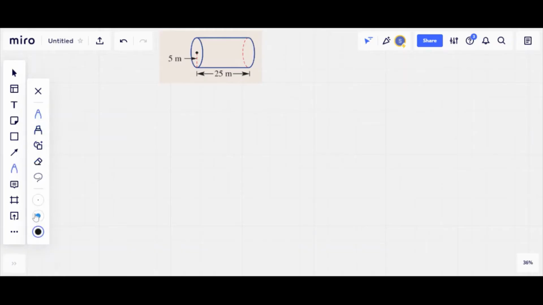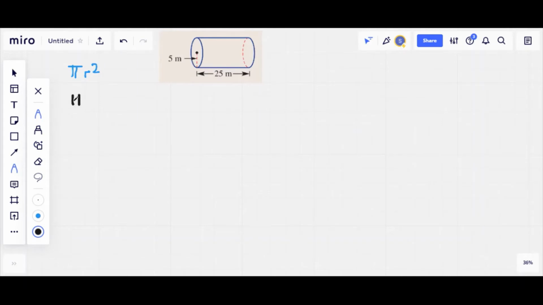So let's write out a formula at the top here. Our formula for finding the area of a circle is pi r squared. We know our radius is 5, so we can pop that straight in.